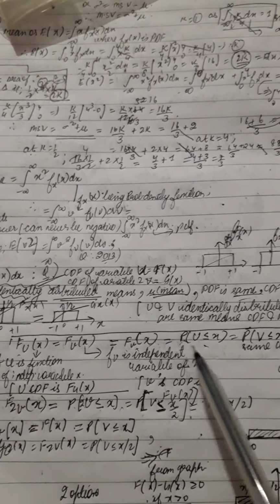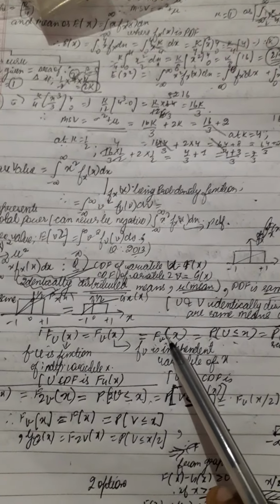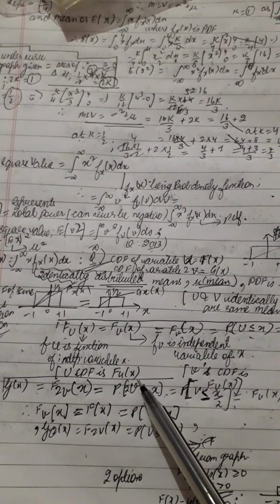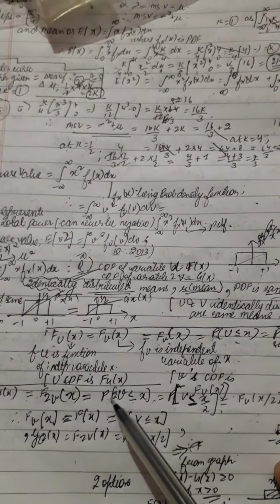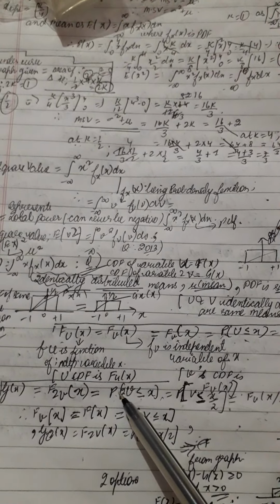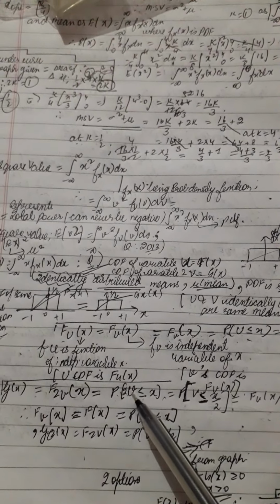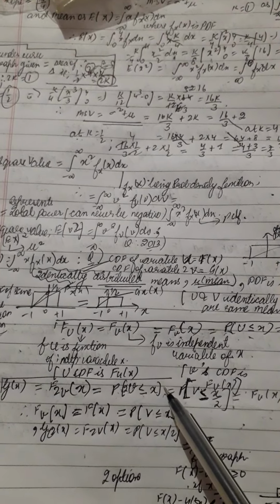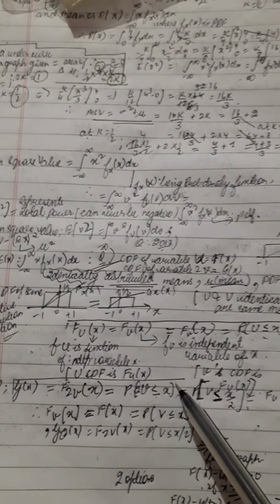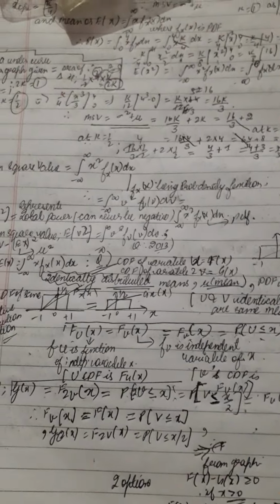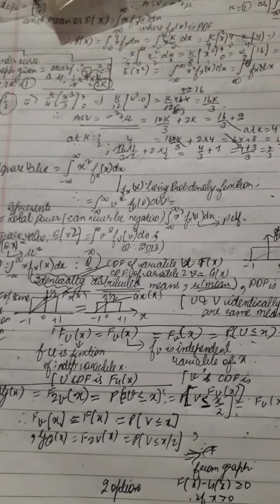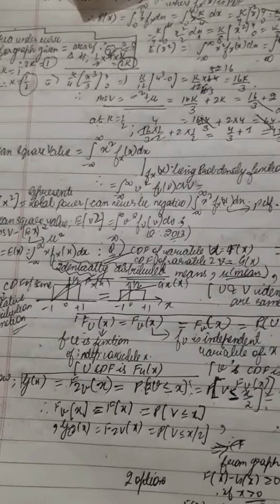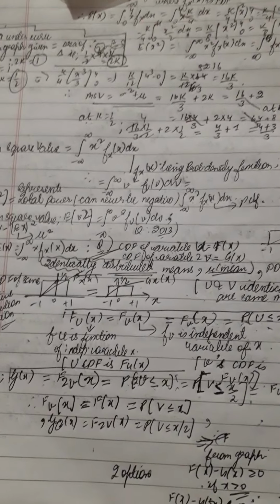In the same way, as 2 is multiplied over here, we multiply the coefficient 2 with this random variable, and we integrate up to less than or equal to x, all the values.